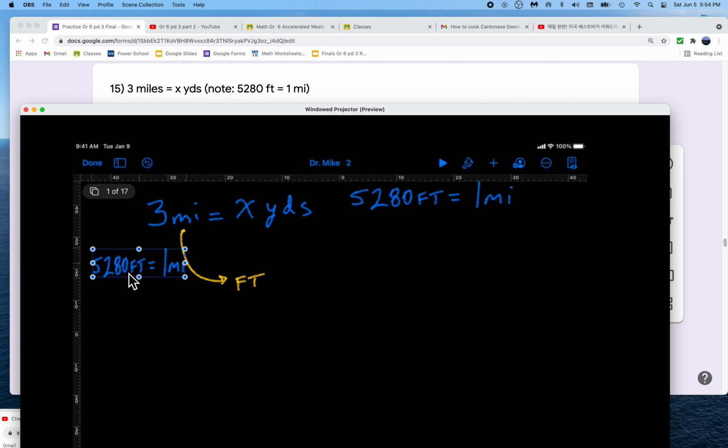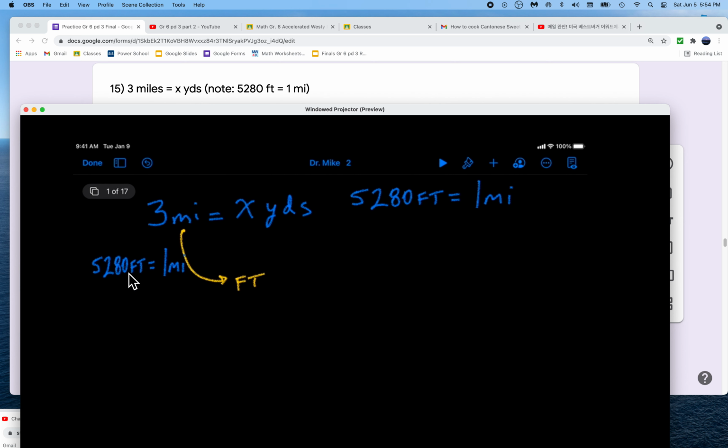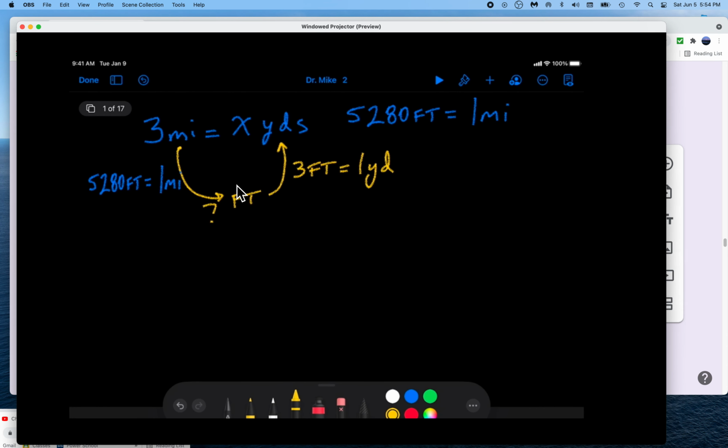Can do that. Now that we have feet, whatever it is, we don't know what it is, now we can go from feet to yards using the fact that 3 feet equals 1 yard. Okay, we can do it that way. But there's going to be a time in your math career where you're going to have to go from miles to inches or miles to centimeters, where you're going to have to go miles to feet to inches to centimeter.